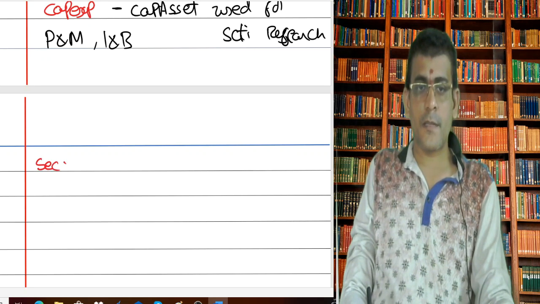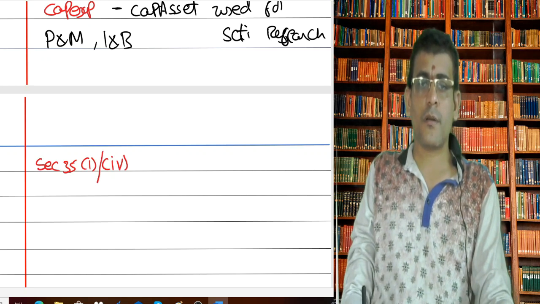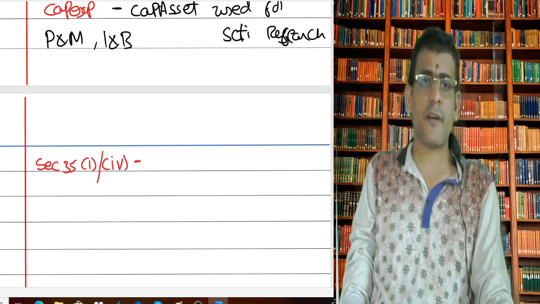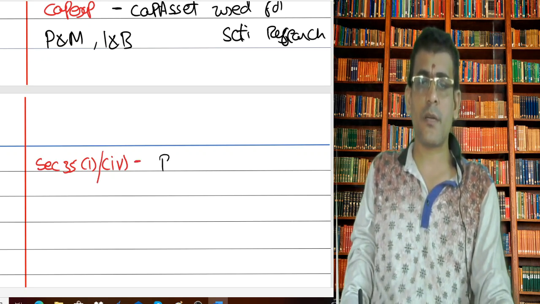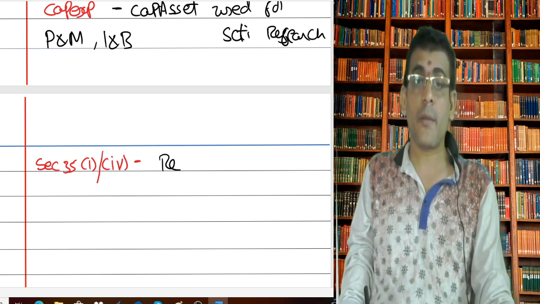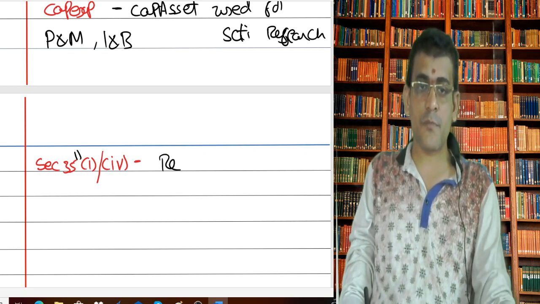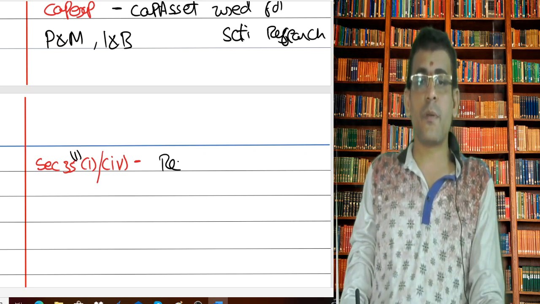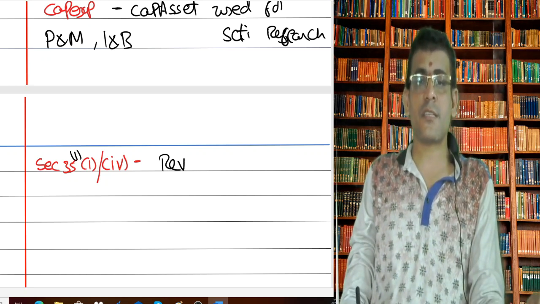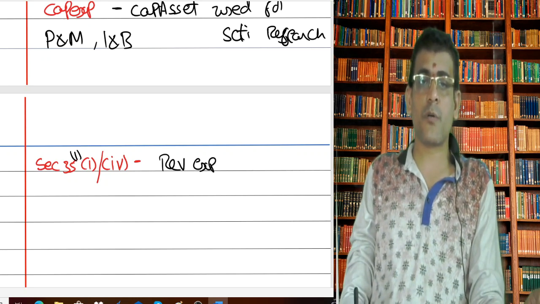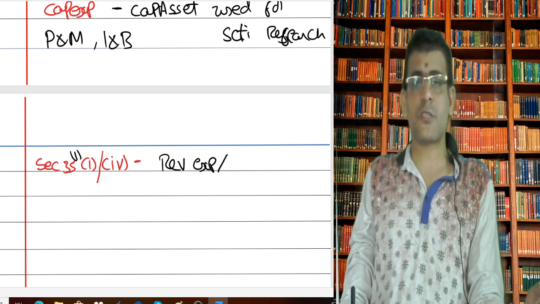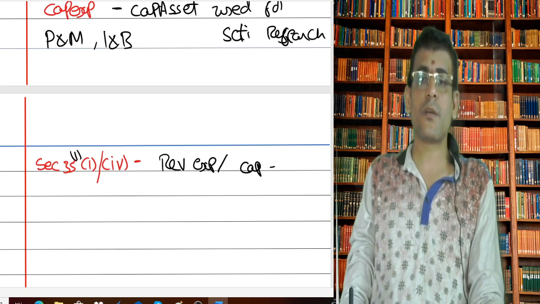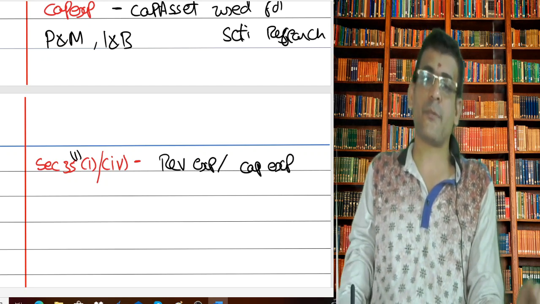Section 35 subsection 1 clause 1 speaks about your revenue expenses. Section 35 subsection 1 clause 4 speaks about your capital expenditure.